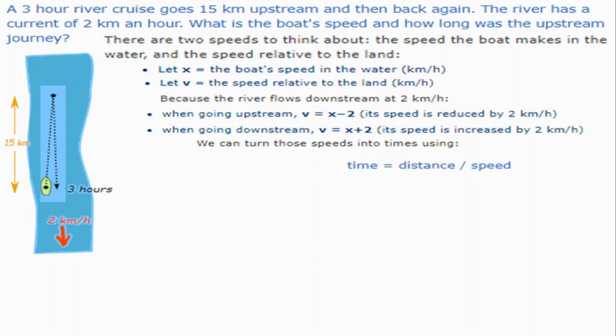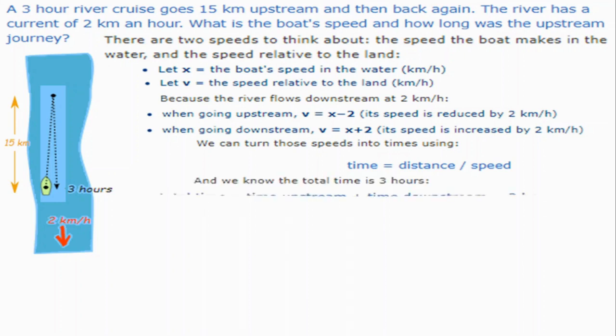Time is distance per speed, as we know from the formula. Distance is 15 km, upstream speed is x minus 2, downstream speed is x plus 2, and total time is 3 hours.